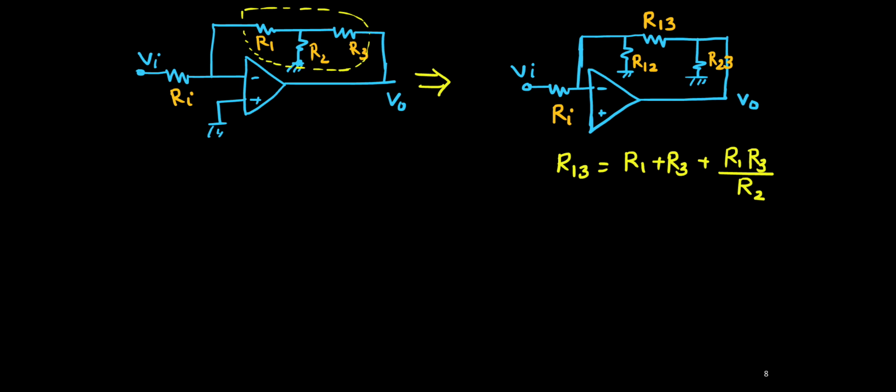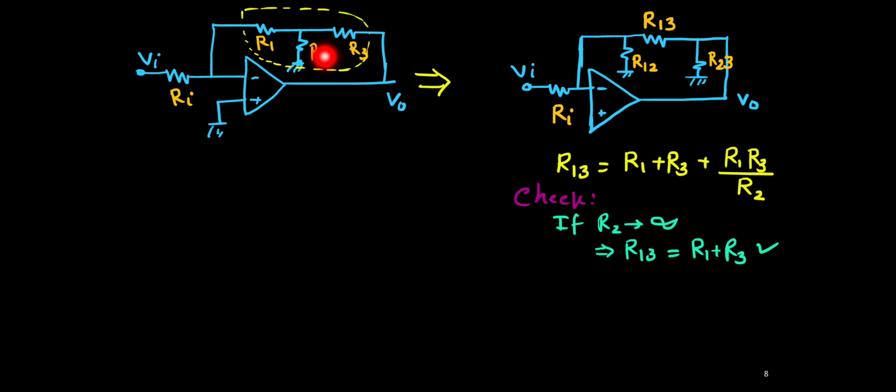Now you can check this conversion R13. How can you check this one? Simply if you consider R2 equals to 0, so you see if I make R2 equals to infinity, not 0, R2 equal to infinity, then it is open circuit. So these two resistance R1 plus R3 will be same as R13, right?